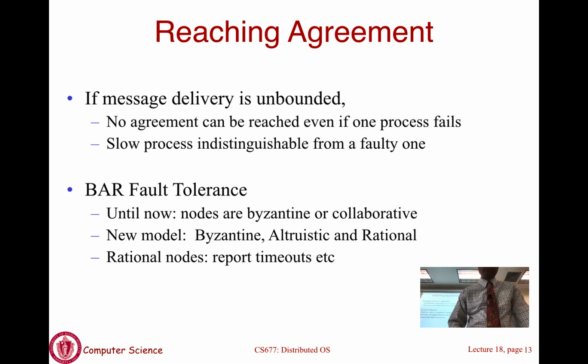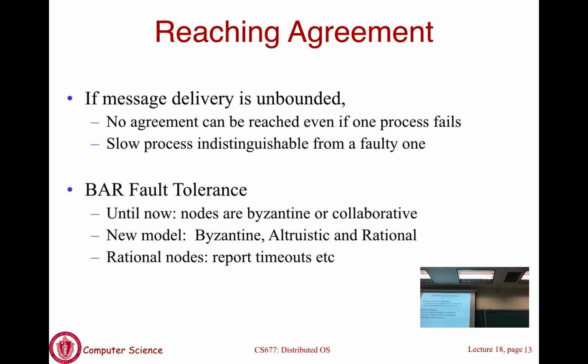So now let's talk about agreement. Agreement essentially means that your nodes are agreeing on some result of a computation, and we'll look at examples of what that means. Reaching agreement is not the same as just tolerating faults. Tolerating faults simply says that some nodes are down, some nodes are up. In the case of agreement, the nodes that are up or not faulty have to agree on the result of a computation.